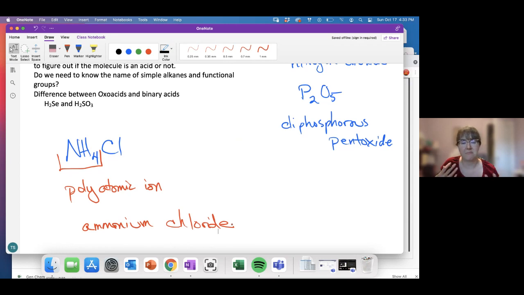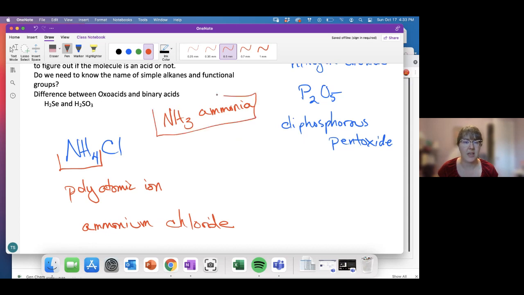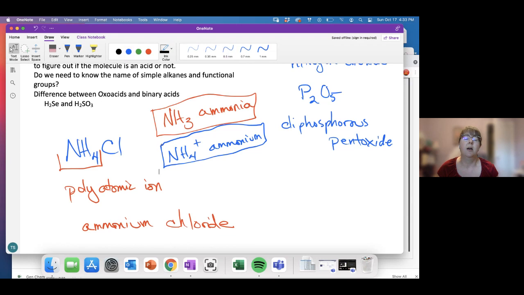And yes, you may hear me enunciate that M on ammonium a little bit extra, and that's because NH3 is ammonia with just that IA on the end. So the two spellings are very, very similar, but one of them is a neutral compound with 3 hydrogens, and one of them is a charged compound with 4 hydrogens. So these two things are similar, which is why they have fairly similar names, fairly similar spellings, but they are different, and we need to differentiate between them.